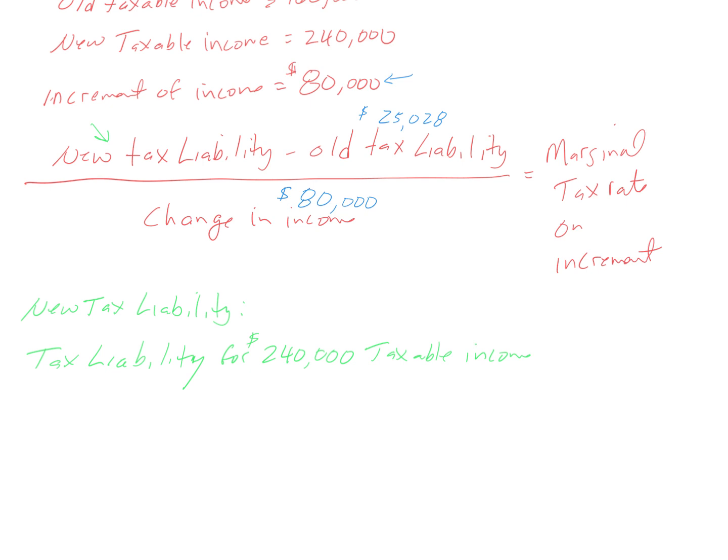And remember, we need to use the married filing jointly tax rate bracket, right? And so in order to find our tax liability, we start out with the $35,302 related to the tax owed from those lower tax brackets, right?